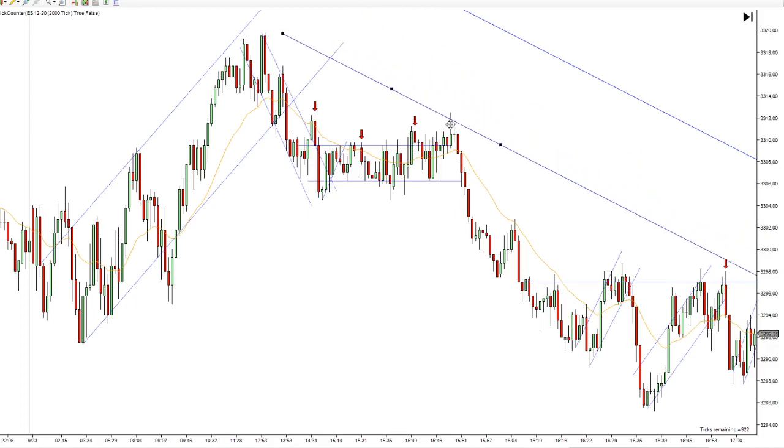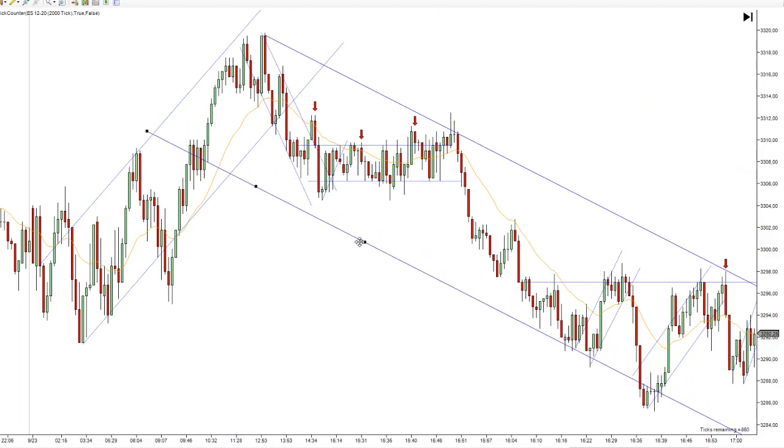So I drew this line from these few swings. Initially I had it a little bit lower here because you can see there are clear touches, but I think it might actually be a little bit lower. It kind of fits here too.